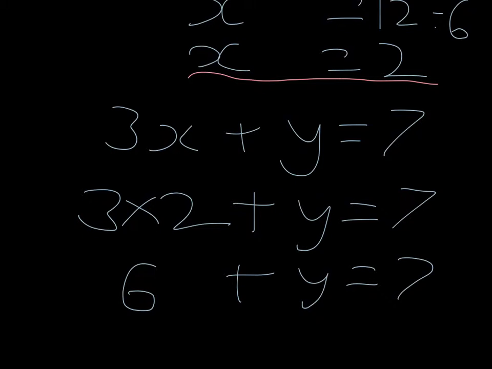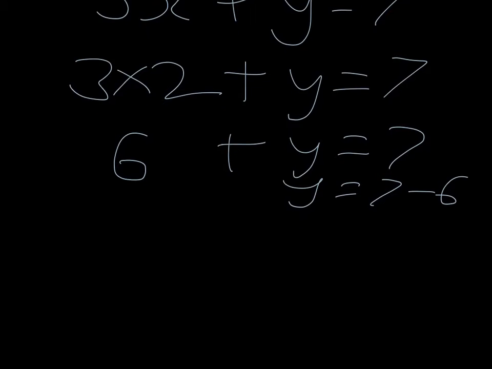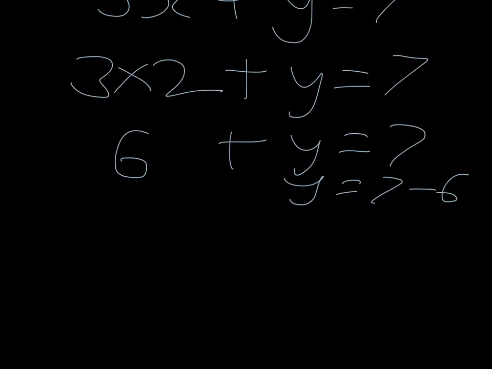Now if I move this 6 here over to the other side, it becomes a take away 6. So y is equal to 7 take away 6. 7 take away 6 is 1. So y equals 1.